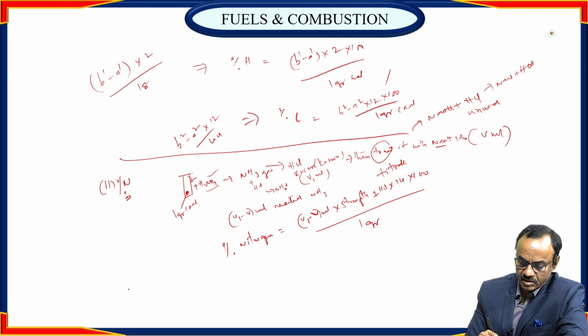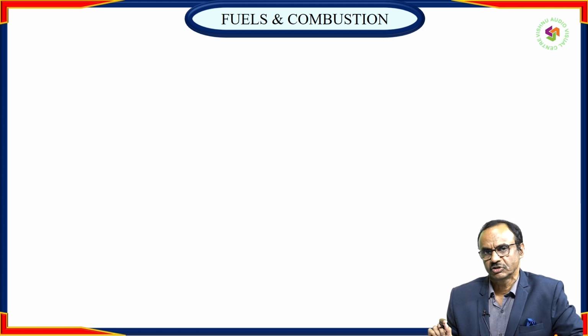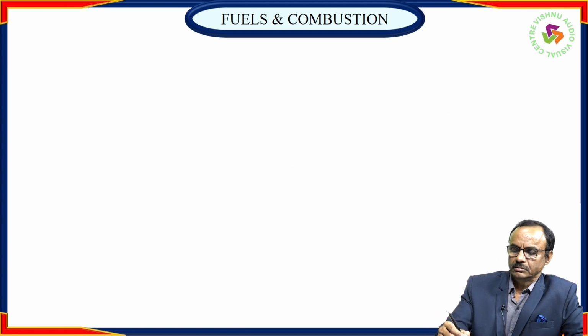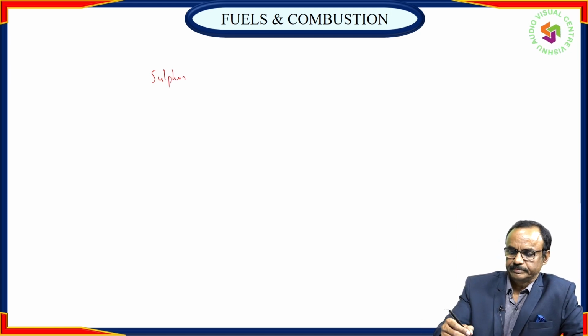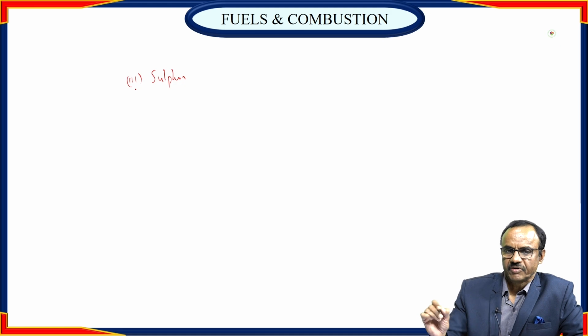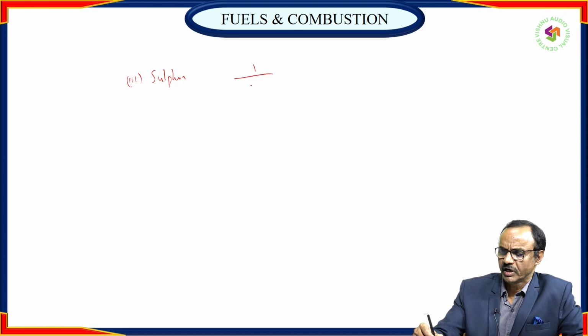The last component in the coal: sulfur. For sulfur, you take a closed container, the bomb calorimeter, as I explained earlier. Take again 1 gram of coal.